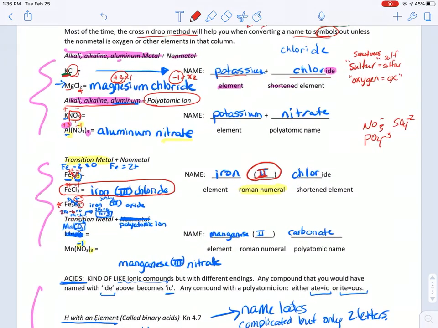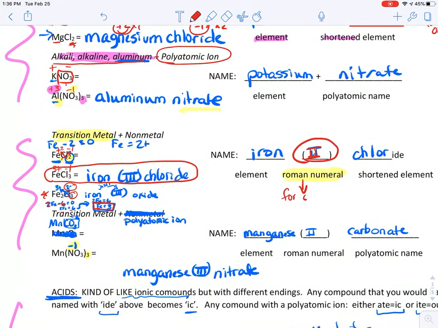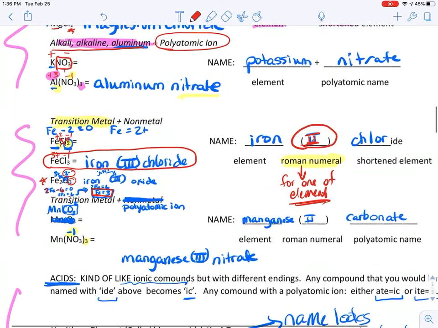So -6 equals 0. 2 irons equals 6. So again, 2 irons equals 6, so 1 iron is 3. So this is really important. These Roman numerals are for one of the elements. So if you have 2, you have to convert it down and make sure that it only is for one of the elements.